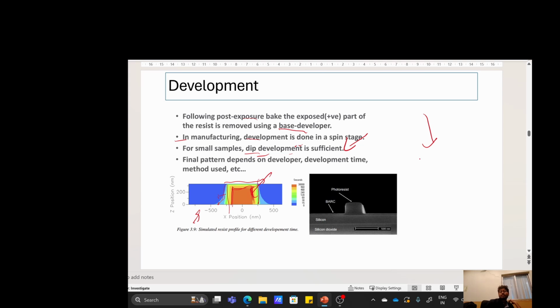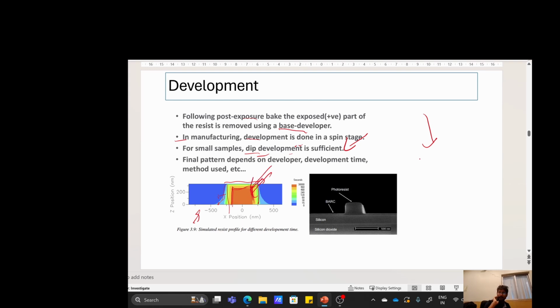That is critical because there may be remaining photoresist if it is underdeveloped, or it may be overetched, which can shrink your feature size. If it was required 20 seconds and you have given 30 seconds, then there will be a shrink of your feature size.